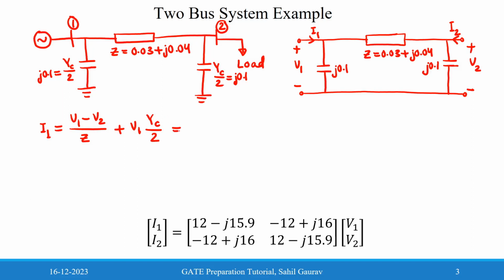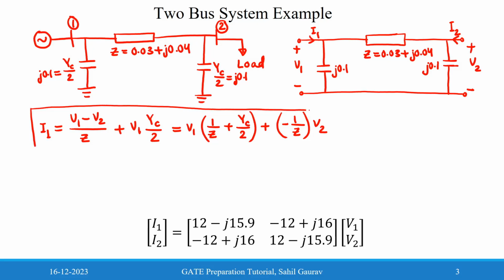So here we can see that I1 is V1 into (1 divided by Z plus YC divided by 2) plus minus 1 divided by Z into V2. Let us first find this 1 divided by Z plus YC divided by 2.